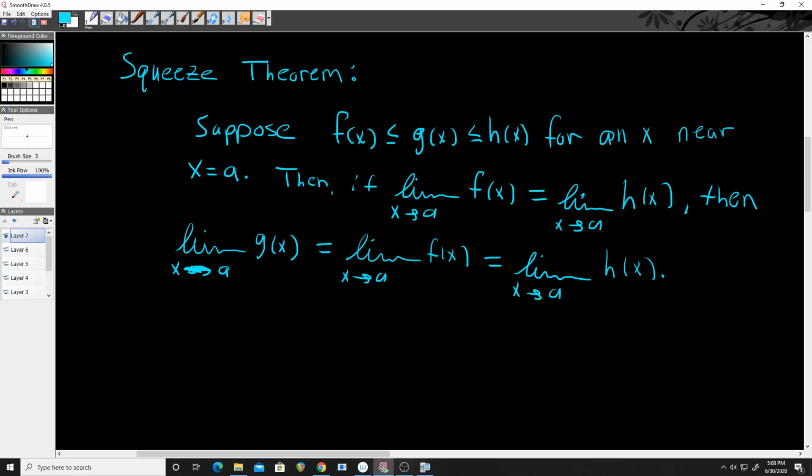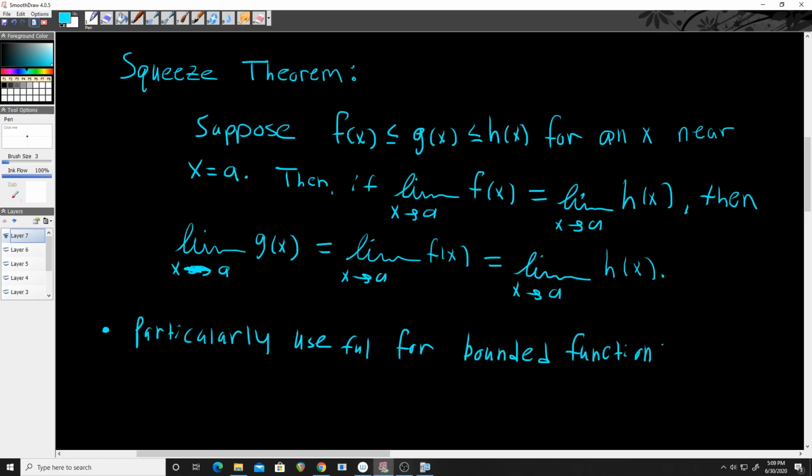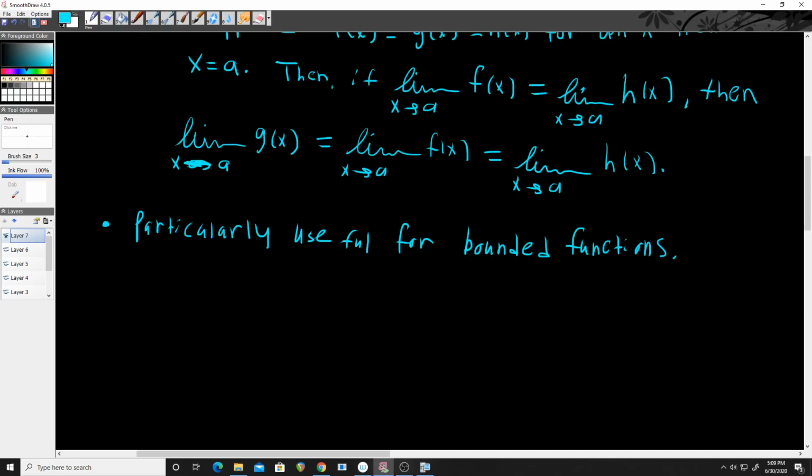And this is particularly useful for bounded functions, functions that have a known max or min.